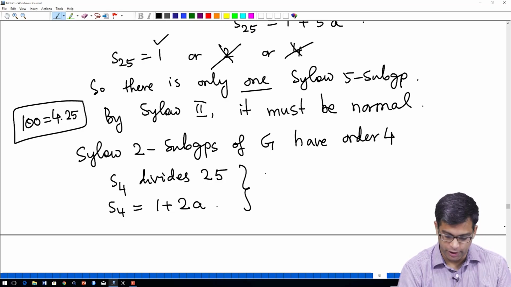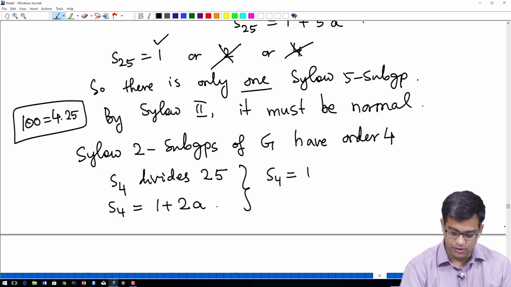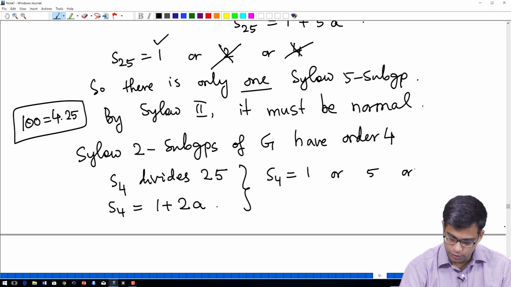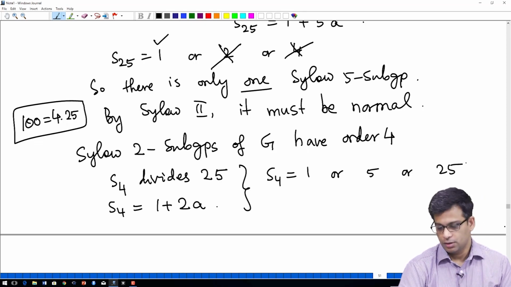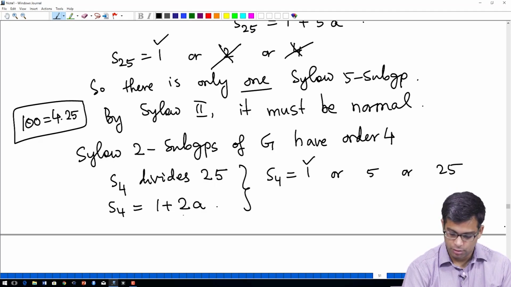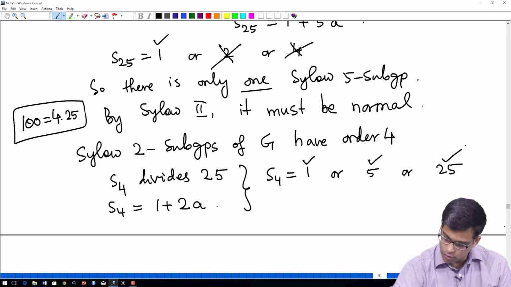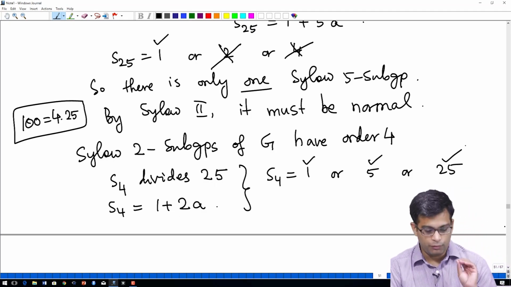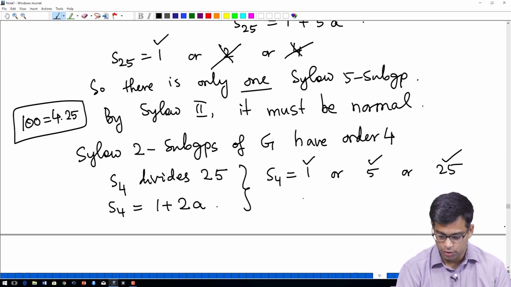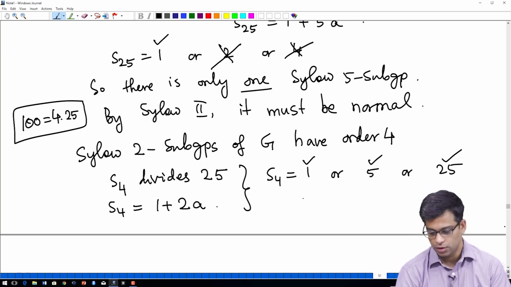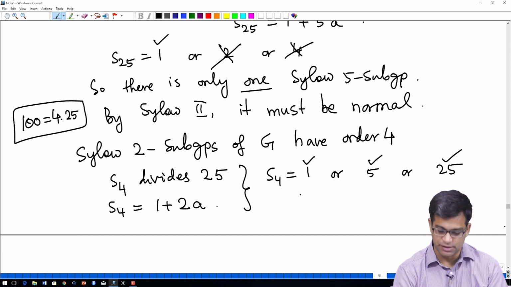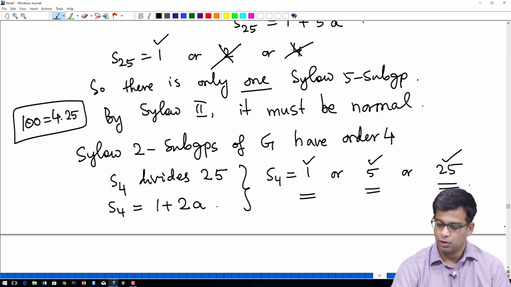Now what are the possibilities? If it divides 25, it's either 1 or 5 or 25. Now 1 is certainly a possibility, but even 5 or 25 is a possibility. So without knowing more about the group, we can't restrict choices any further.